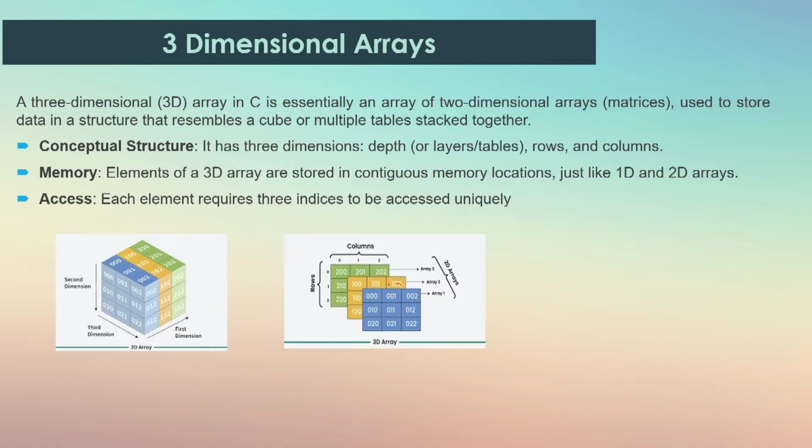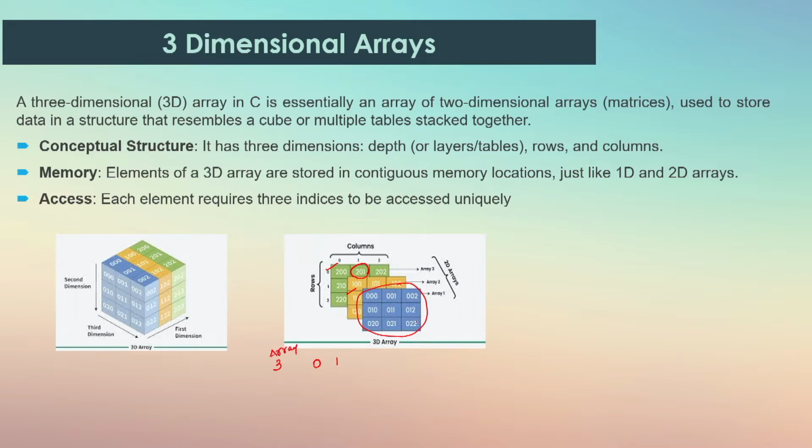As I already told you, these are represented as layers. So, here you can see layer 1, layer 2, layer 3. Supposing I want to access the value 201, the value 201 is available at row number 0, column number 1 of layer 3, or array 3.